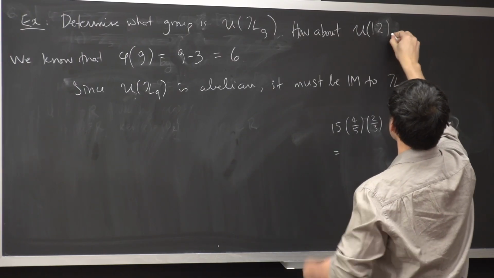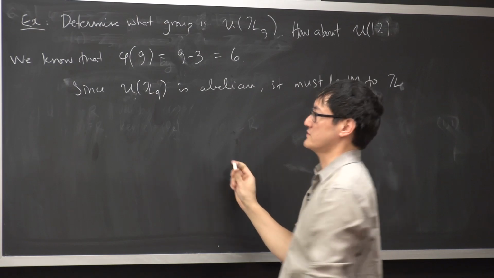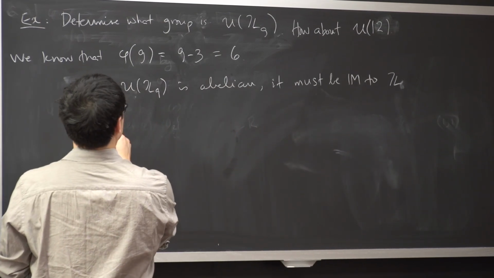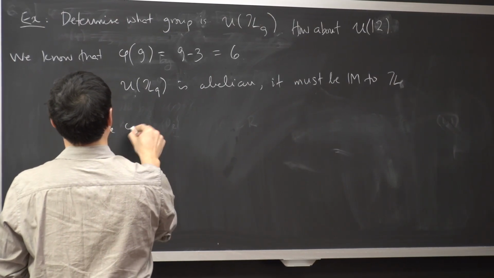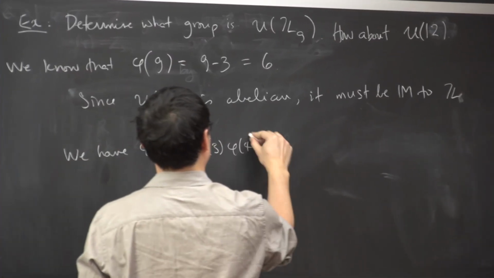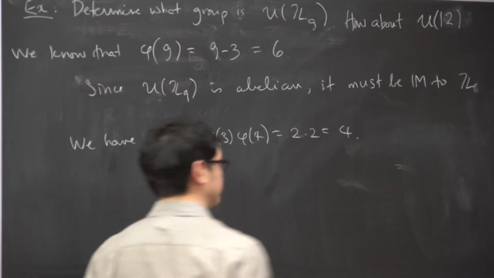Is that in the homework? Oh, well, if it's on the homework, it's on the homework. Okay, well, Z12. What is phi of 12? Phi of 12 equals phi of 3 times phi of 4, which is 2 times 2, which is 4.